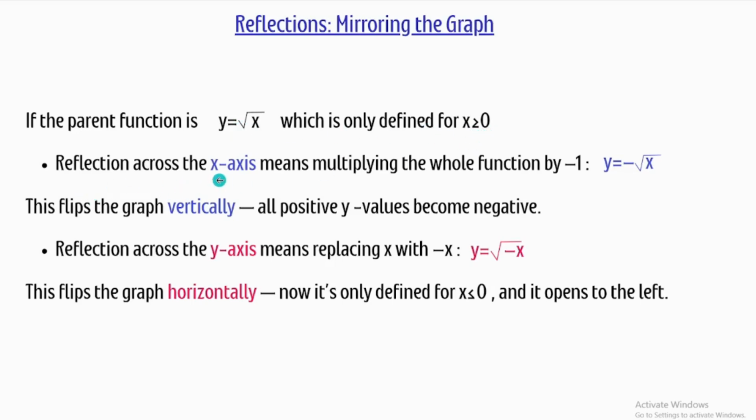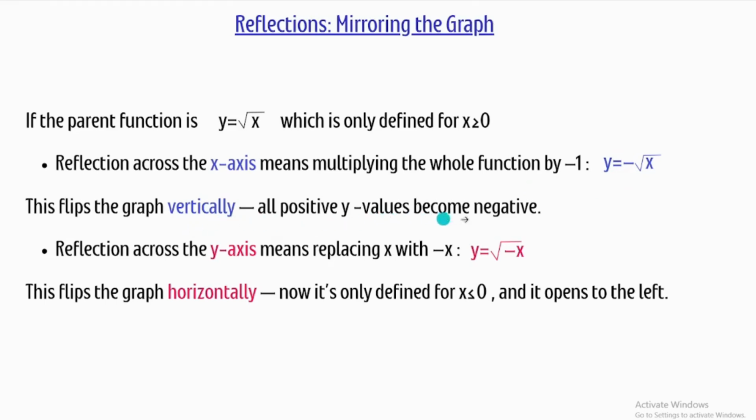Reflection across the x-axis means multiplying the whole function by -1. Take care, this is multiplying all the function by -1, the sign affects outside the function. This flips the graph vertically. When we multiply the function from outside, it flips vertically.